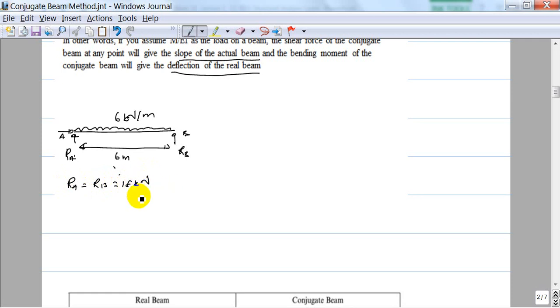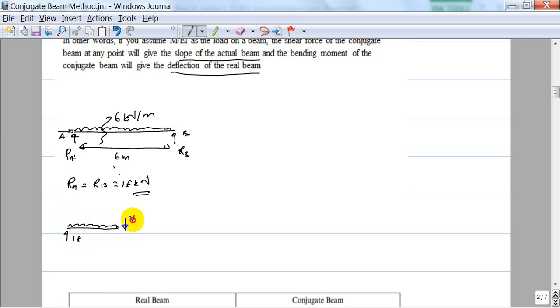That is the reaction, and if I take an arbitrary section of this beam, I can derive the bending moment equation. So this is 18, and there's a load acting on that portion.